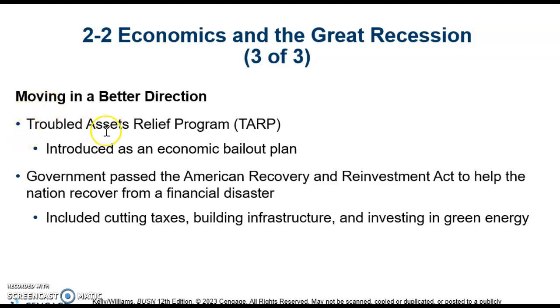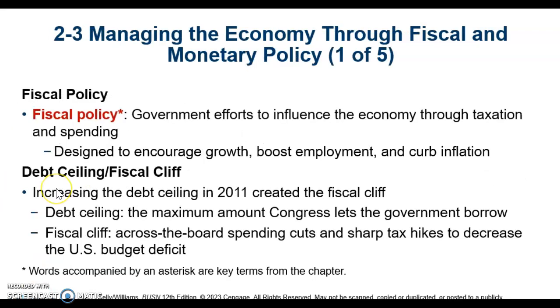And the Troubled Assets Relief Program was developed and introduced an economic bailout plan. The government passed the American Recovery and Reinvestment Act to help the nation recover from the financial disaster, and it included cutting taxes, building infrastructure, and investing in green energy.